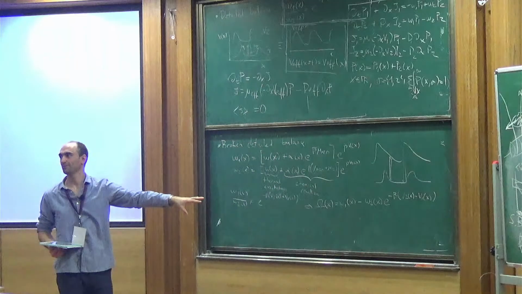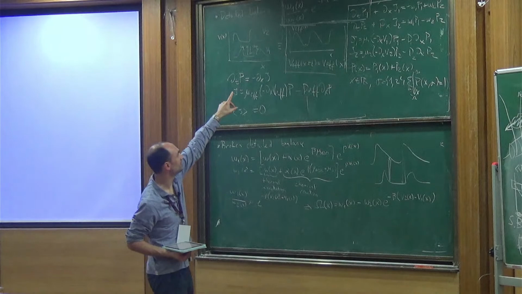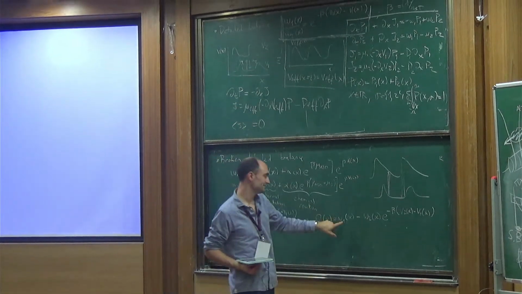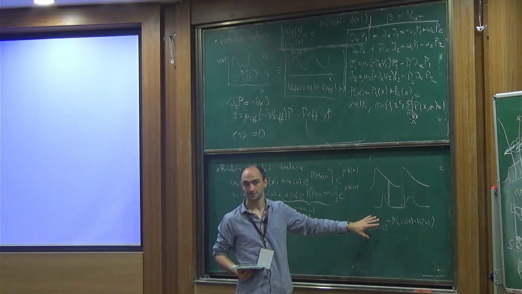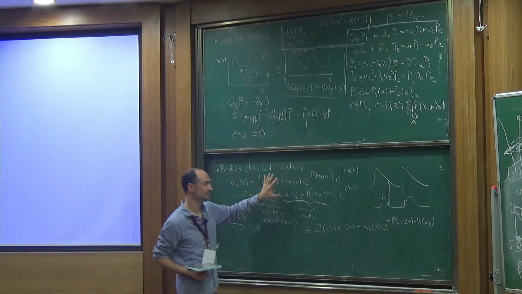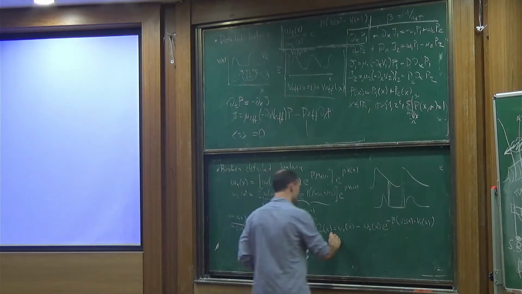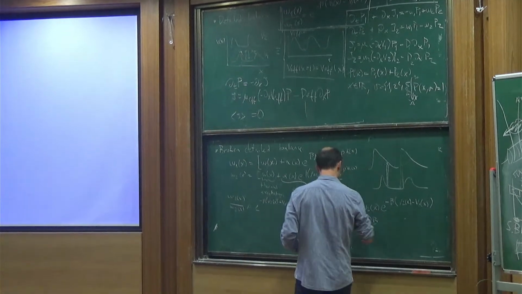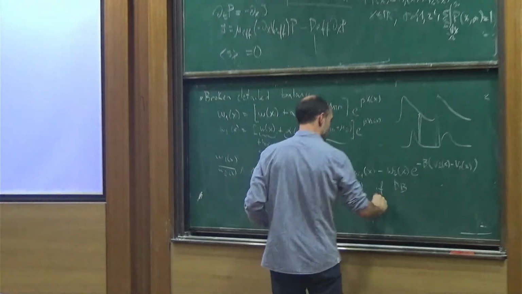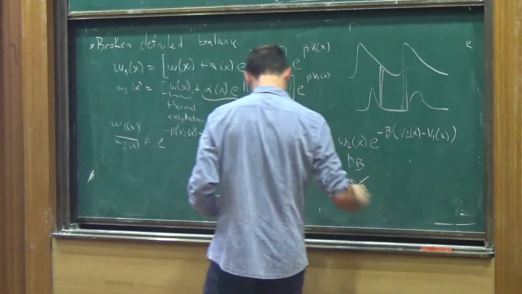There is a quantity that measures how far we are from detail balance. You put omega 1 equal to omega 2 e to the minus beta, this will be equal to 0. Otherwise, this will be non-zero. If you put these functions here, this will be non-zero. So this will be 0 if detail balance, and different to 0 if we have broken detail balance.